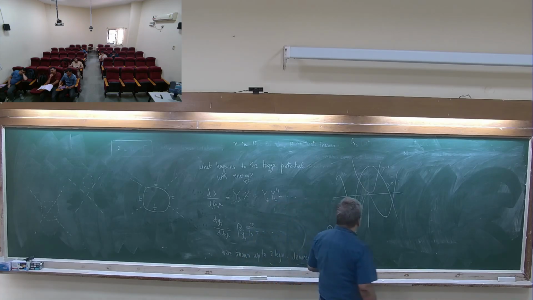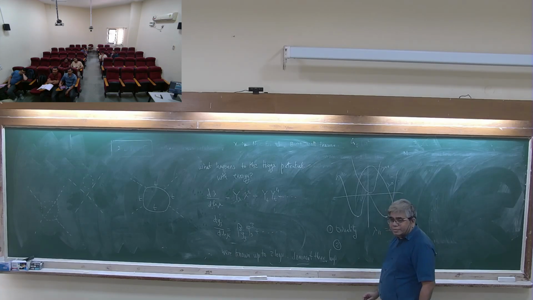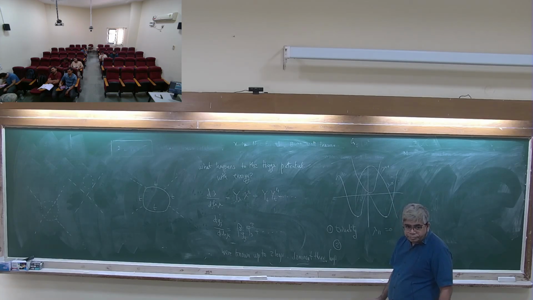So they were interested in 2 things. One is the trivial bound. If you don't know what the Higgs mass is, you can ask what the Higgs mass is when lambda Higgs equals 0, due to running.